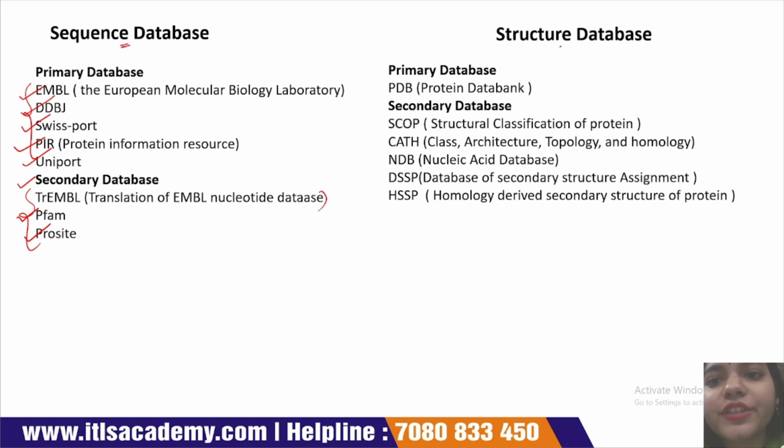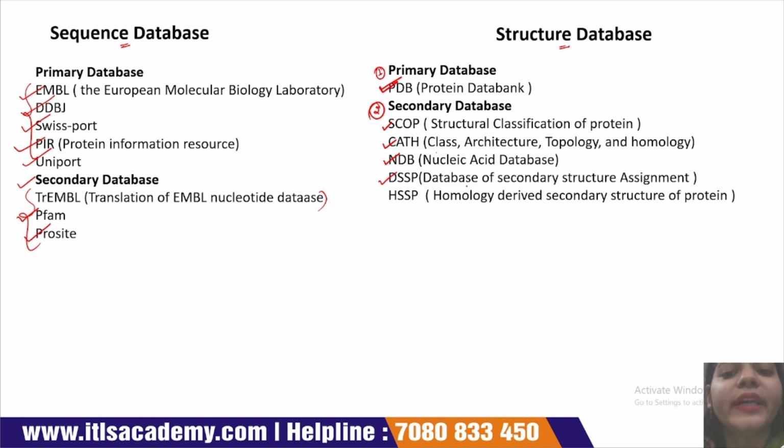Now we discuss the structural databases. The example of a primary structural database is PDB, that is the Protein Data Bank. Second are the secondary structural databases. First is SCOP, the Structural Classification of Proteins. Next is CATH, Class, Architecture, Topology and Homology. Next, NDB, Nucleic Acid Database.